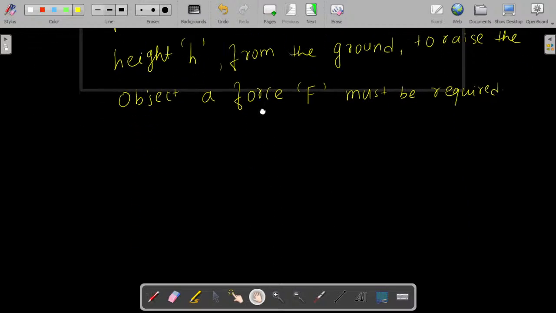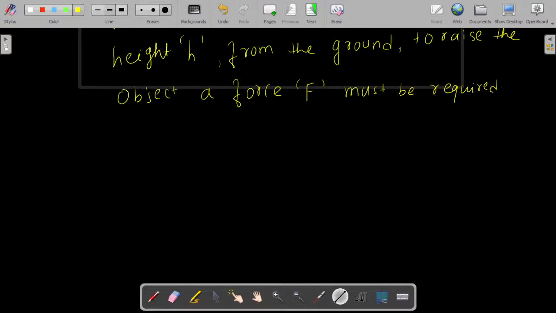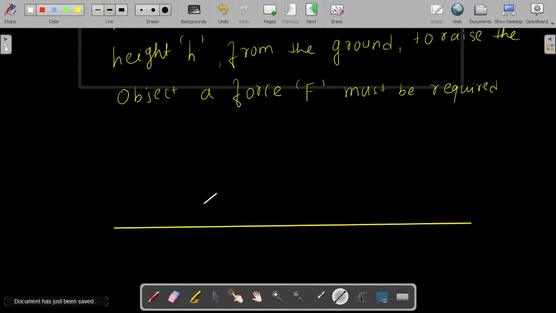So draw the diagram. You draw the surface. This is the surface. An object is having mass m. You draw, this is the object. Its mass is m, and you are applying a force in upward direction. So with this force, it moves to a height h.